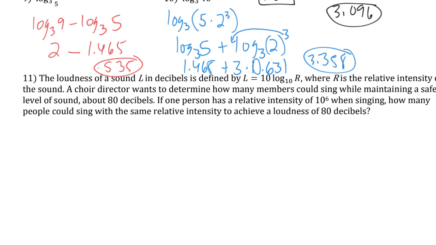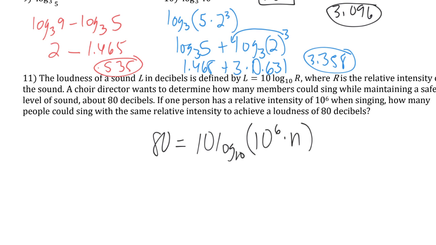Our goal is to keep it to be 80. So we've got 10 and then log base 10 of the number of singers, so it'd be 10 to the 6 times n. To solve this, we're going to divide both sides by 10, to get rid of this coefficient. You get 8 is equal to log base 10 of 10 to the 6 times n. So then the question is, how do you figure this out?